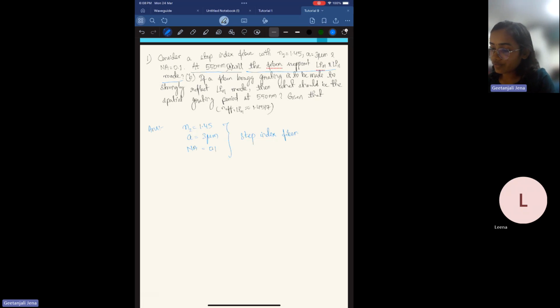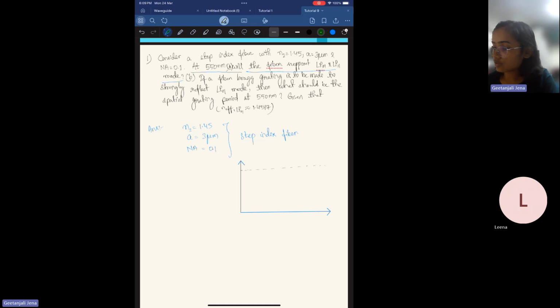To support the modes, we have to look at the b versus V curve. This is only for you to recall the concept we have seen before.